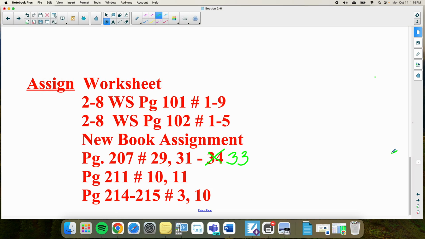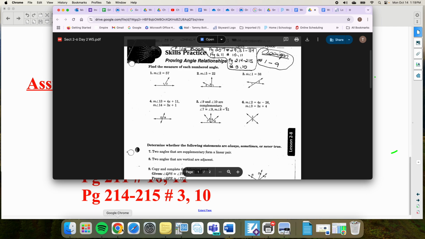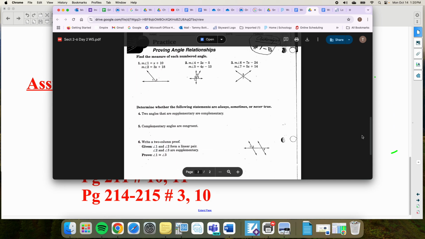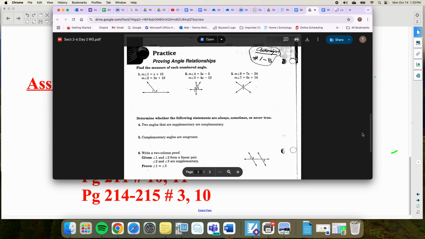Do you guys recognize that these problems are what we did on Friday? So those you're just going to find angle 1 and angle 6 and find angle 1 and 2. And then there's a back side to that that you're going to do 1 through 5, okay?